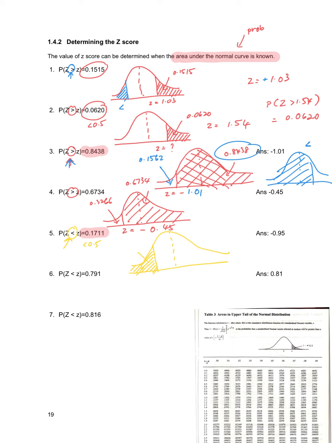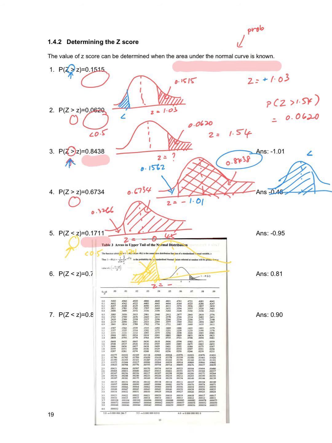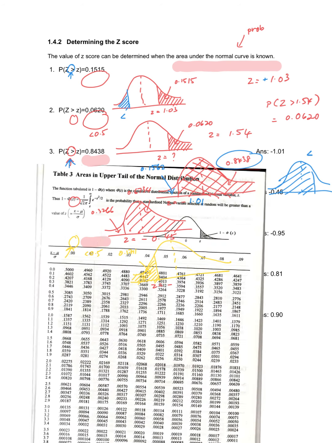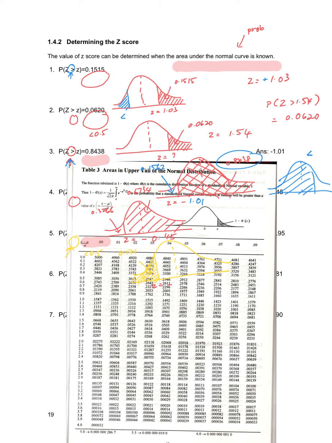So meaning that this one is 0.1711. We want to find the value of Z. Berapa Z dia? Z dia should be negative, sebab dia di sebelah kiri. So tengok dekat table, 0.1711.